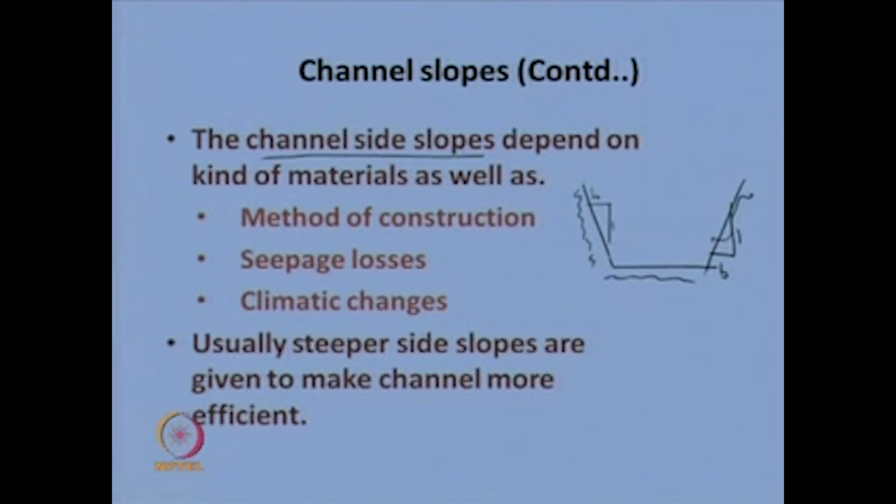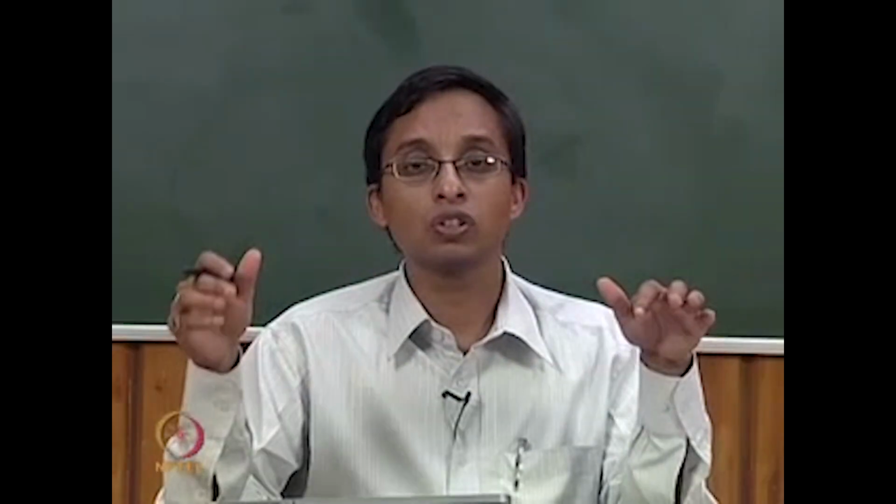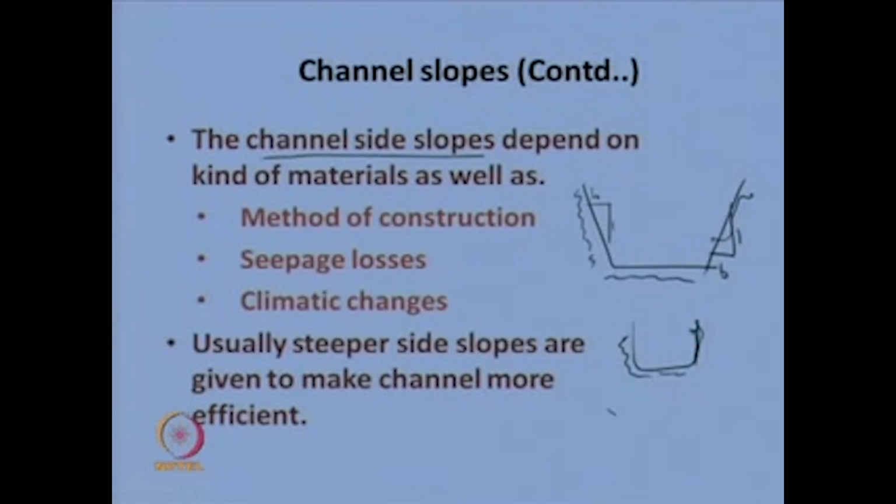If it is a rock, you can almost keep the channel side slopes as vertical. If it is a very loose sand soil, you may not be able to keep it vertical, then you may have to give some side slopes. So, it differs based on different materials.